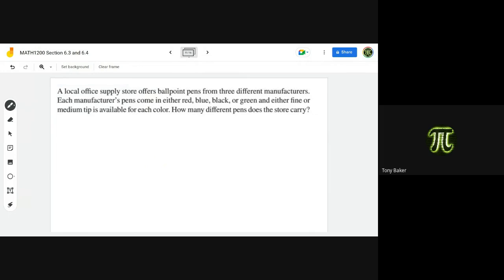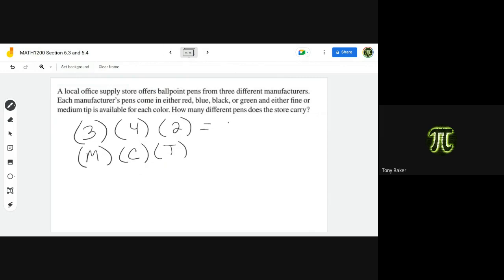Or we can just look at it as I have 3 manufacturers. How many colors do I have? I have 4 colors. And how many tips do I have? 2. So I have 24 different pens. That's it. That's the fundamental counting principle.